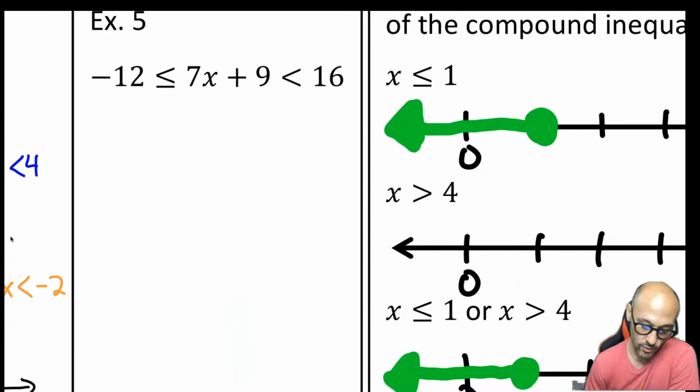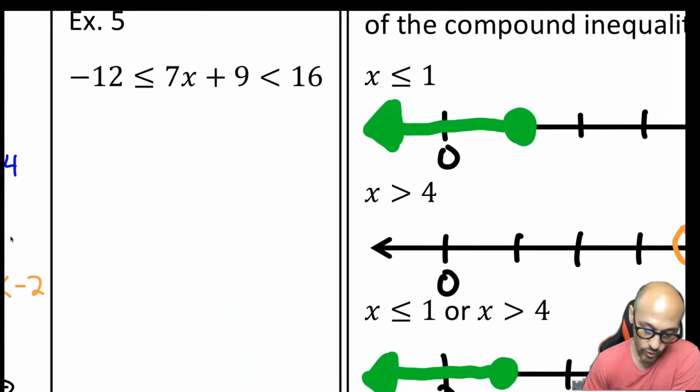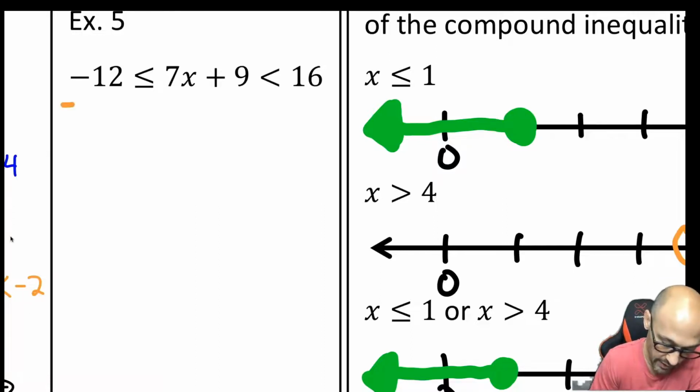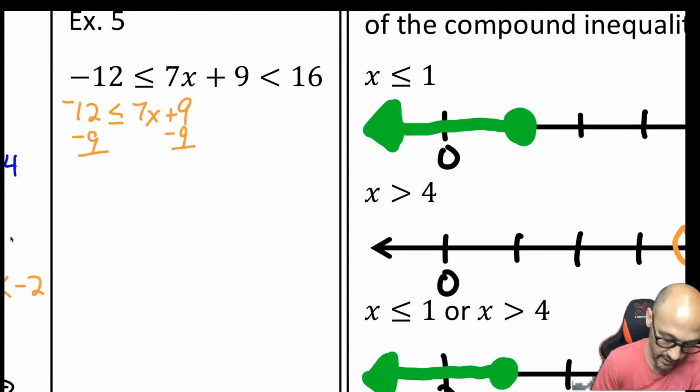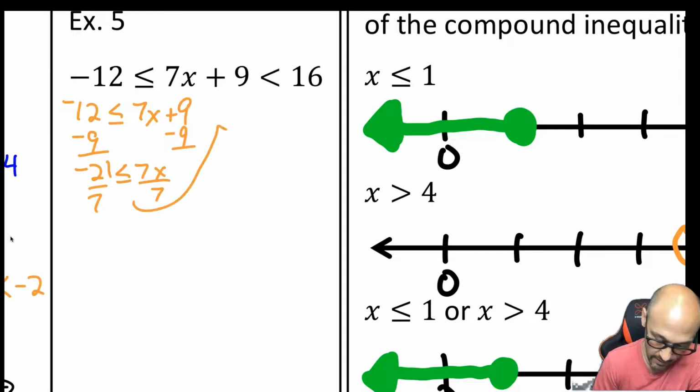All right, on the next one, we're going to break this apart into 2 as well. So we'll start with negative 12 is less than or equal to 7x plus 9. And I'm going to subtract 9 from both sides to get negative 21 is less than or equal to 7x. Then dividing by 7, I will get negative 3 is less than or equal to x.